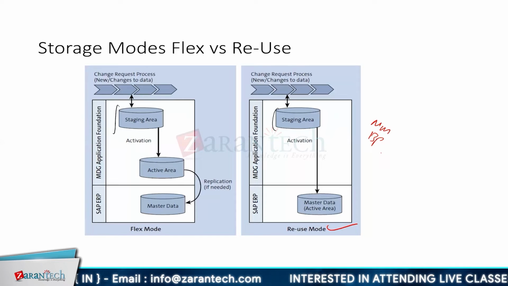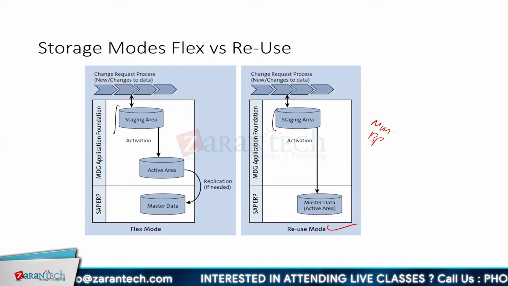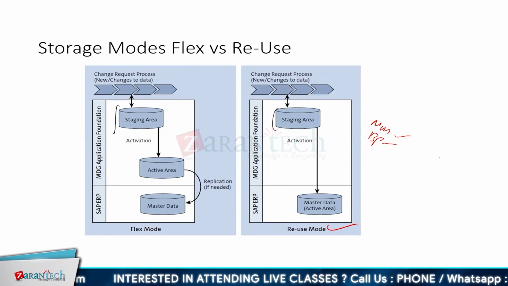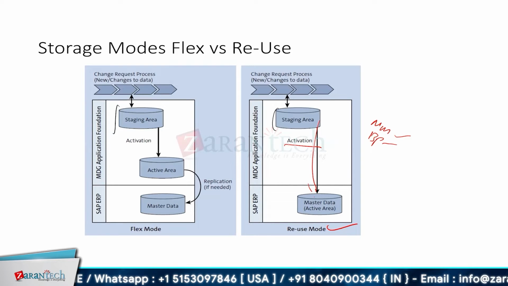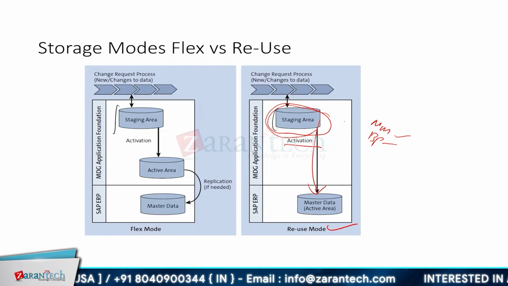You are talking about the standard objects, meaning the MM business partner, right? Yes. We cannot actually control that. As soon as the activation process is initiated, the data has to go to your application table. So you cannot keep that copy of the data here. Okay.